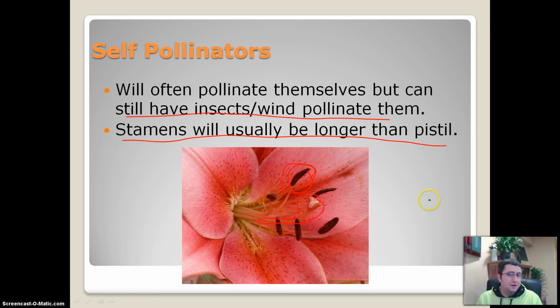But here's the problem. Think about this. If it's pollinating itself, the genes from itself are going to itself, right? It's never actually sharing genes with another plant. What's the problem with that? Well, think about me. Let's say that I have the ability to reproduce myself. Let's say that I have a flaw. If I have a flaw and I reproduce myself, every single one of the people that I reproduce from myself is going to have that same flaw. I have gray hair.